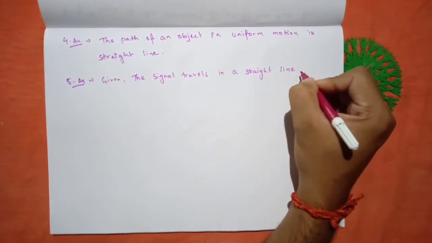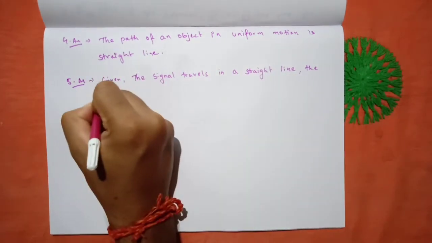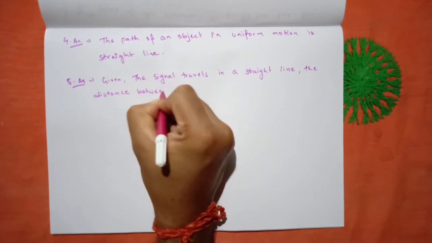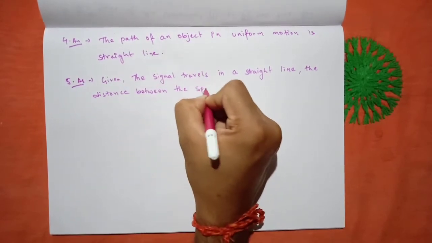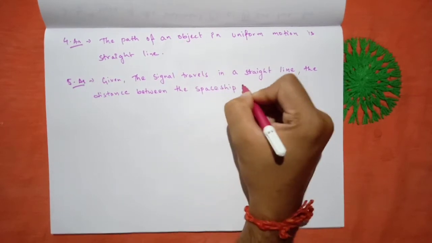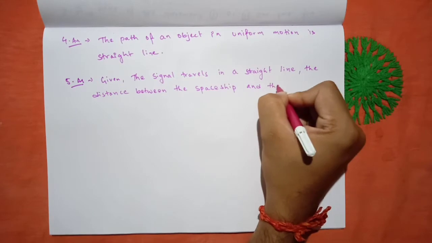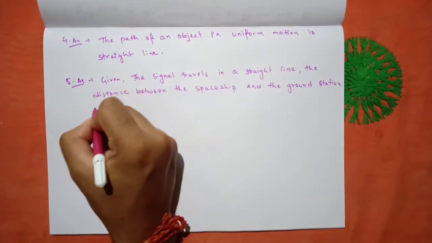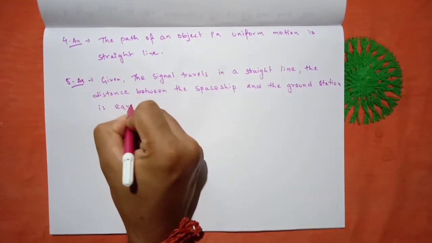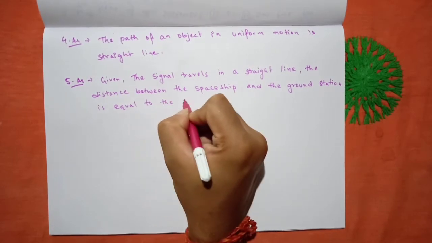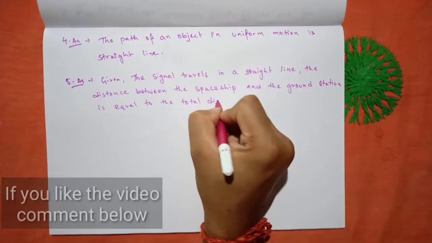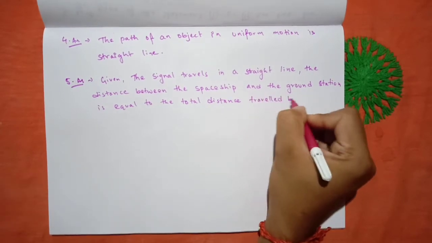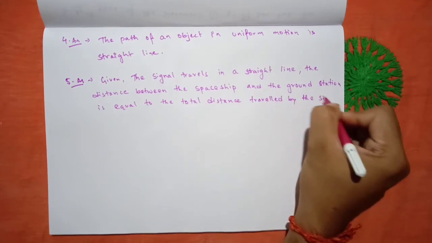Okay, then the distance between the spaceship and the ground station is equal to the total distance traveled by the signal.